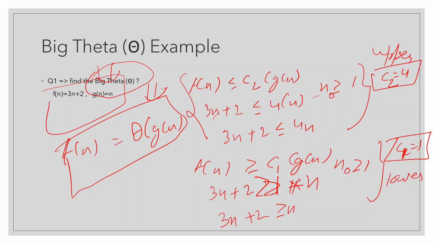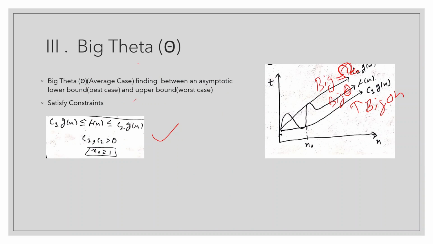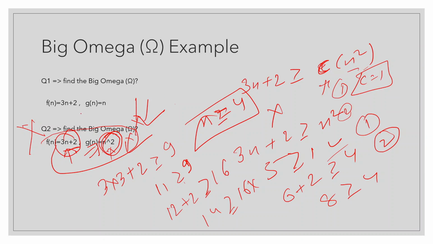If you see the second question here, for big O you can easily find it, because it's the maximum condition and it is a minimum condition. But for big omega you are not able to find it. If big omega is not satisfied, which means out of two conditions one is satisfied and the other is not, you automatically cannot find big theta. So you are not able to find the average case.